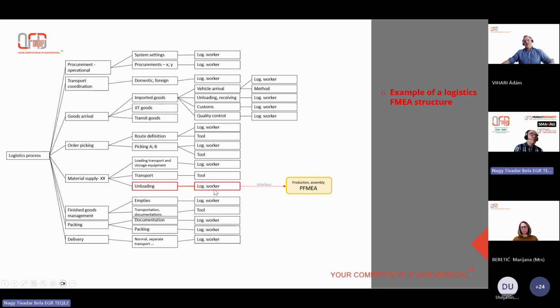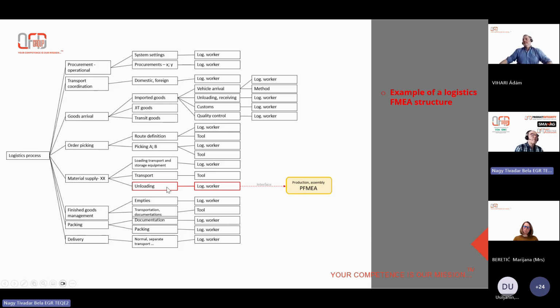During unloading, for example, the foreign material was loaded to the workplace. This PFMEA will not deal with wrong raw material because it is based on the workplace having good materials. But where will the problem be? Not here. The problem is here, because during unloading the logistic worker loaded the wrong material.